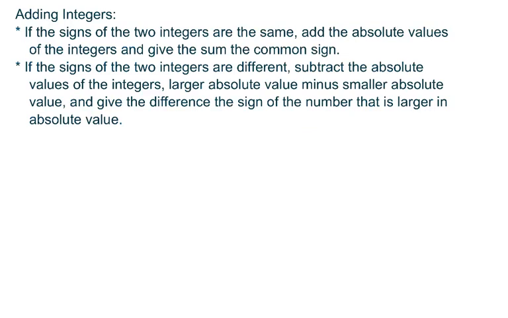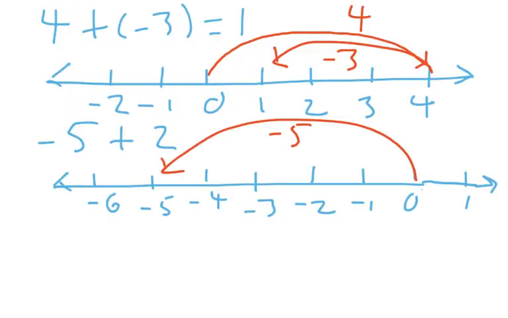And then it would go 2 units to the right. So from where we ended up, go 2 units to the right, and counting that carefully, that means I end up at -3. So -5 plus 2 is equal to -3.